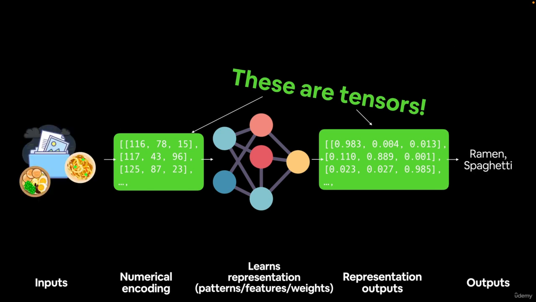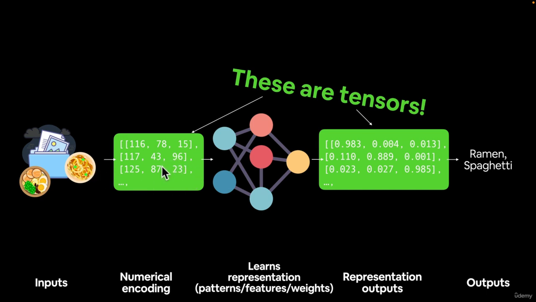So to remove a lot of the text around it, make it a bit clearer, if we were focusing on building an image classification model, so we wanted to classify whether this was a photo of ramen or spaghetti, we would have images as input. We would turn those images into numbers, which are represented by a tensor. We would pass that tensor of numbers to a neural network, or there might be lots of tensors here. We might have 10,000 images, we might have 1,000,000 images, or in some cases, if you're Google or Facebook, you might be working with 300 million or 1 billion images at a time.